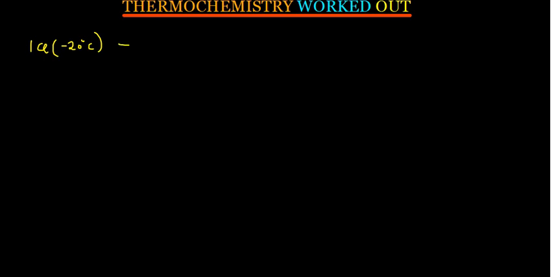Now you want to convert it to steam, which is a gas, at 250 degrees Celsius. So the question is how are you able to convert ice at this temperature to steam at that temperature?